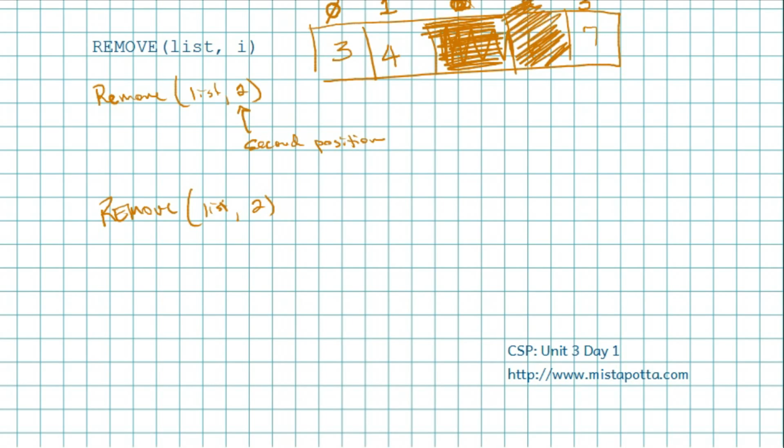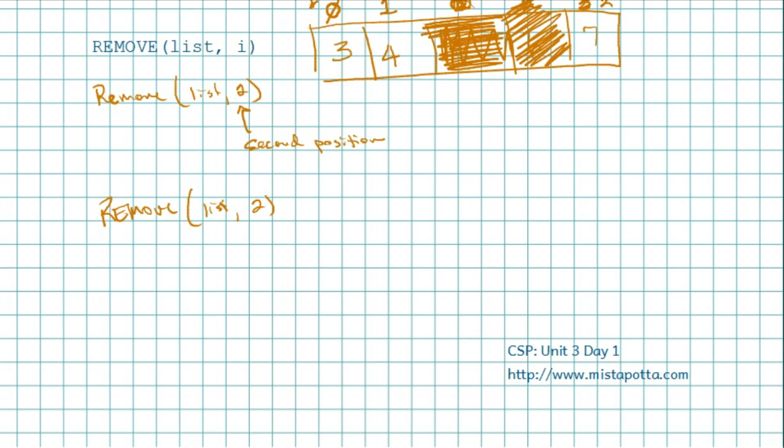So now that this is gone, this is now my new position 2. So with the idea of remove, I can remove at an indicated position, but it's important for me to remember that I'm starting at position 0. 0 is always the first position, the index, if you will, of our list.